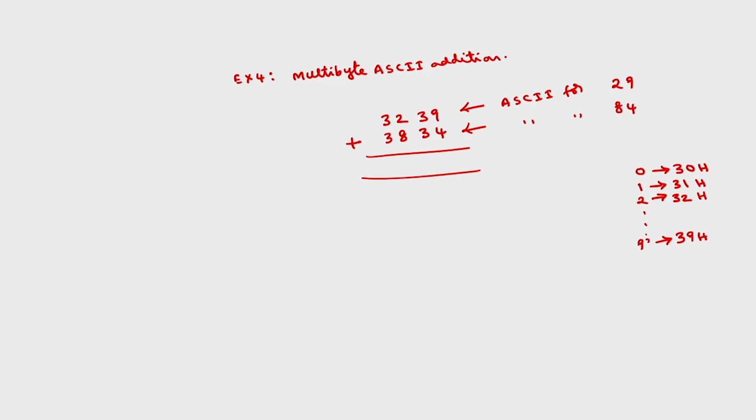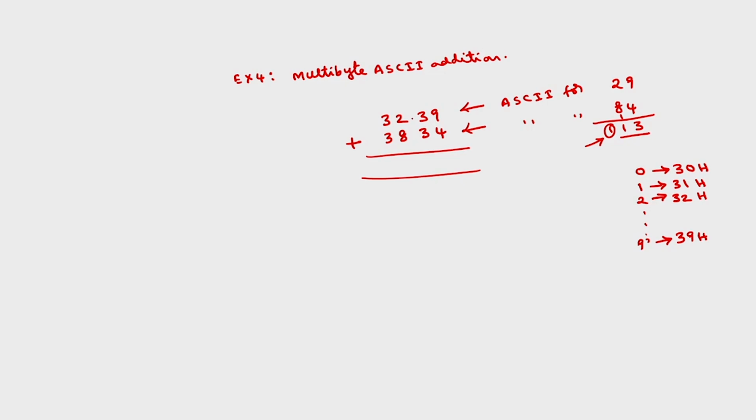So, the actual addition will be 29 plus 84, which should be 113, where 1 is the carry. The correct expected result will be 13 in ASCII.